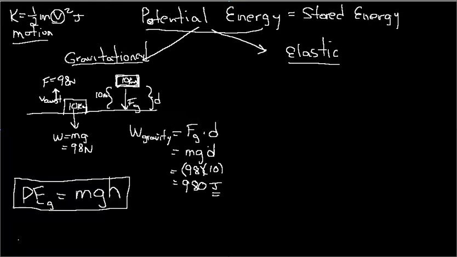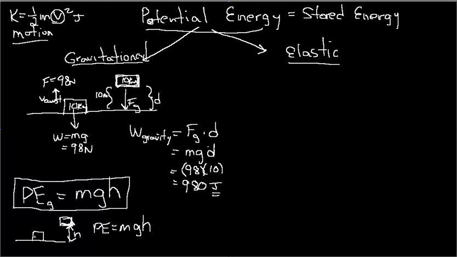So anytime you raise an object up off the floor a certain height h, you've given the object some potential energy equal to the mass of the object times the acceleration due to gravity times that height that you raised it off the floor. Now it's got energy in waiting.